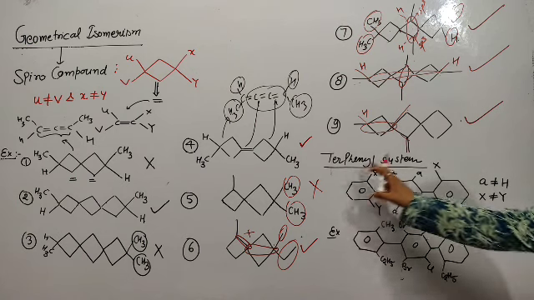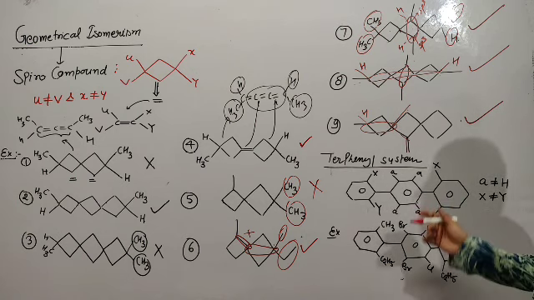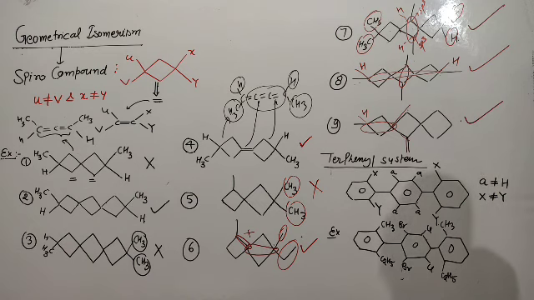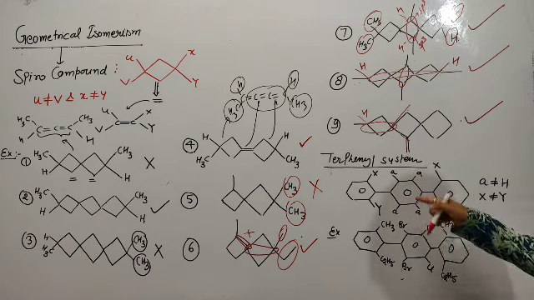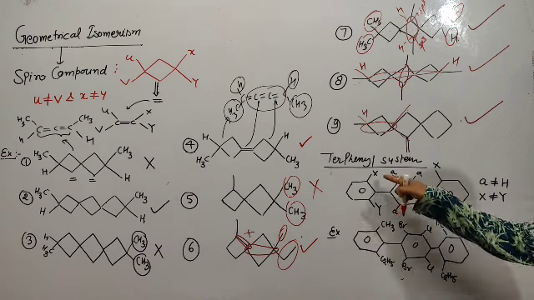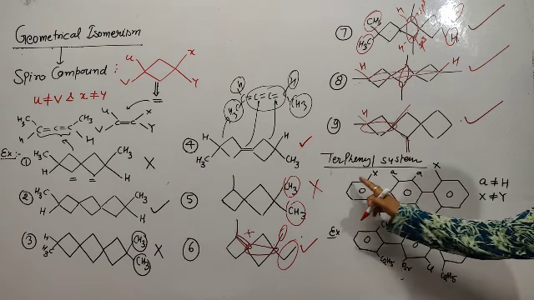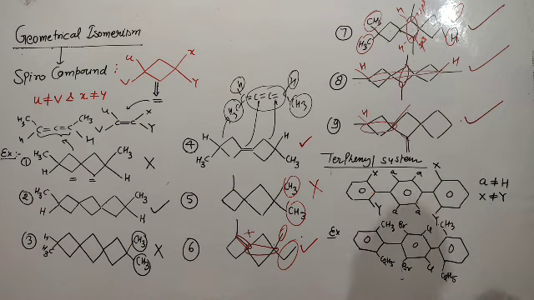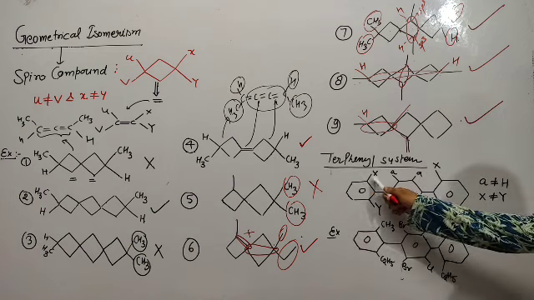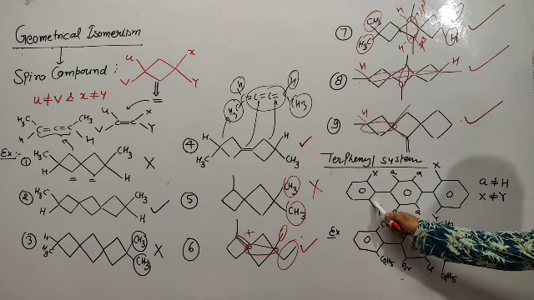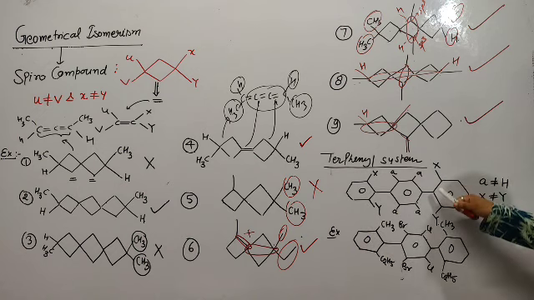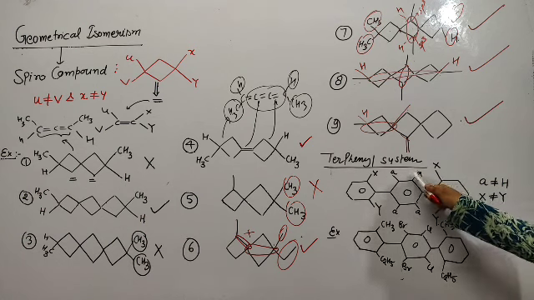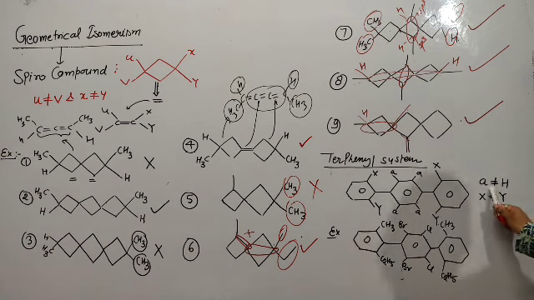Okay. Now terphenyl system, student, this point is important. This type of question is also asked in IIT and NEET exams. So terphenyl means 3 phenyl rings are present. So first condition, student, on this ring a different group must be present, on this ring a different group must be present, and on the middle ring hydrogen must not be present.